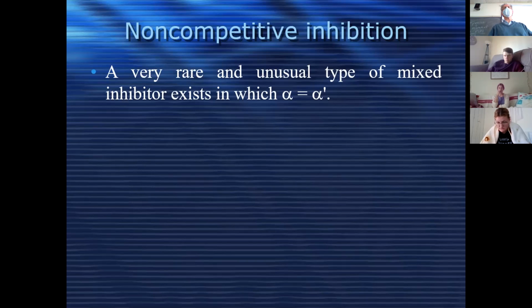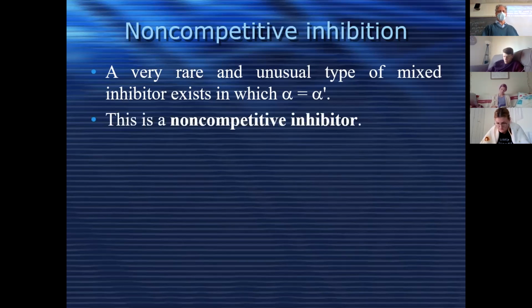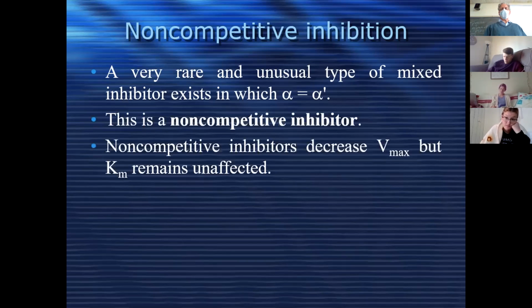So it's a subcategory of mixed inhibitors. And in this case, you will have a decrease in Vmax, but Km will stay the same. Vmax goes down. Km stays the same.